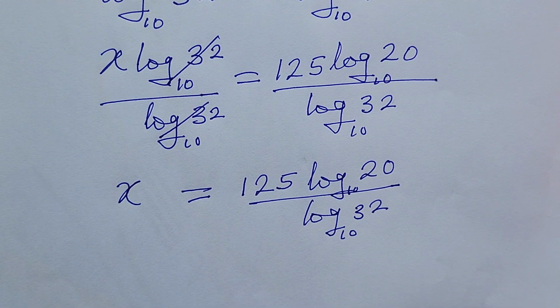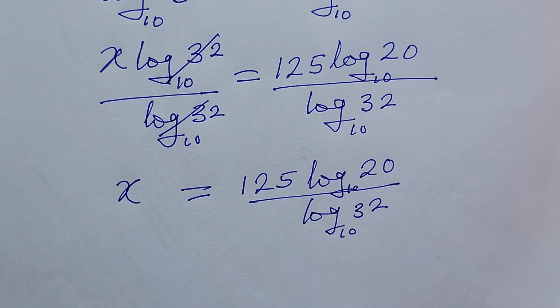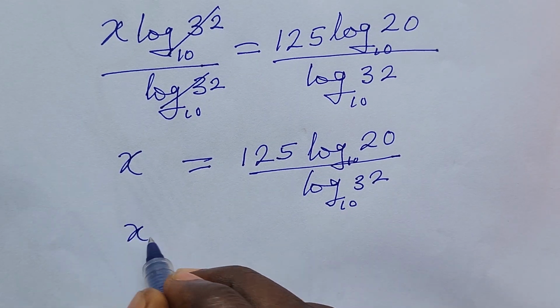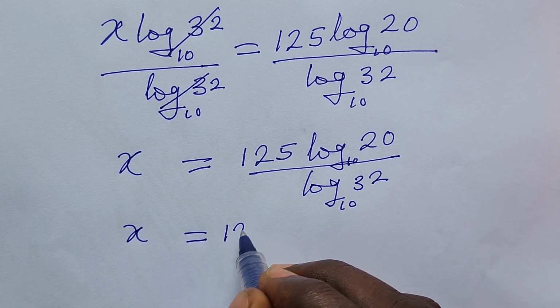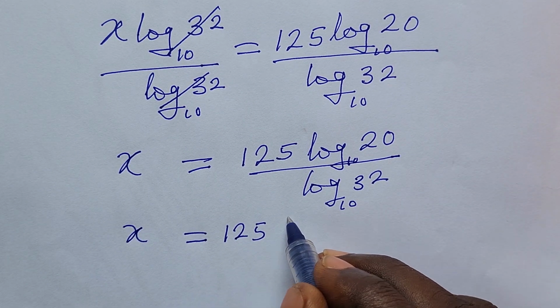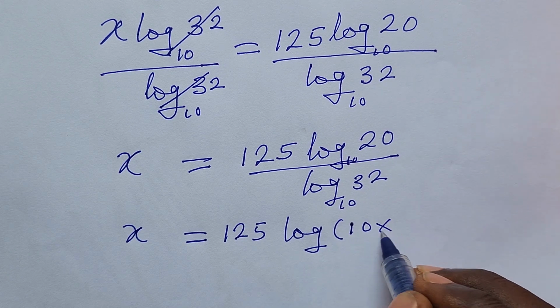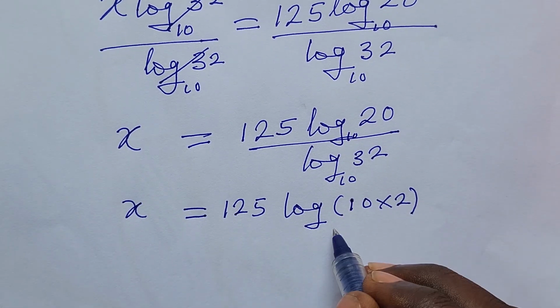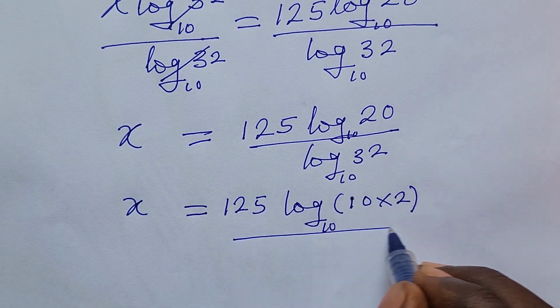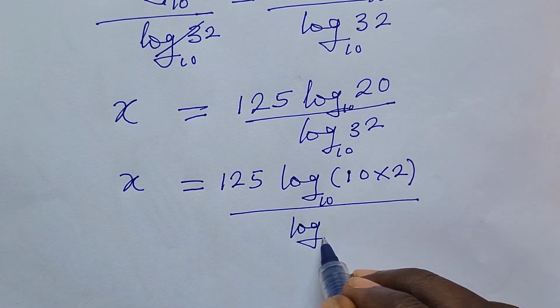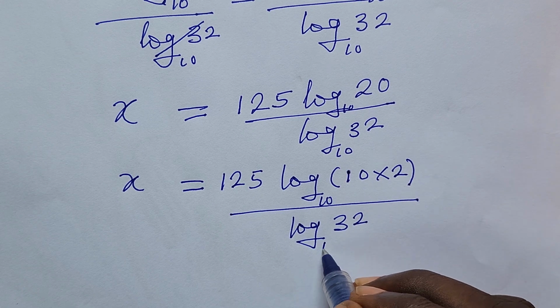Okay, we want to simplify this down. And how do we do that? Look at 20 here. We can write 20 as 10 times 2, right? Good. So let's rewrite this expression. x will now be equal to 125 times the log of (10 times 2), base 10, everything all over log 32 base 10.